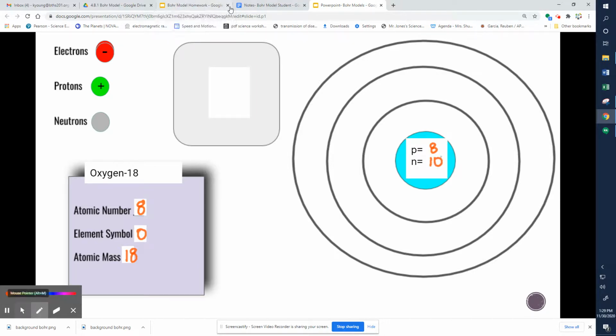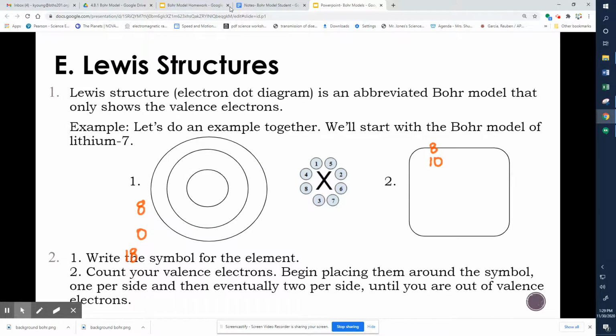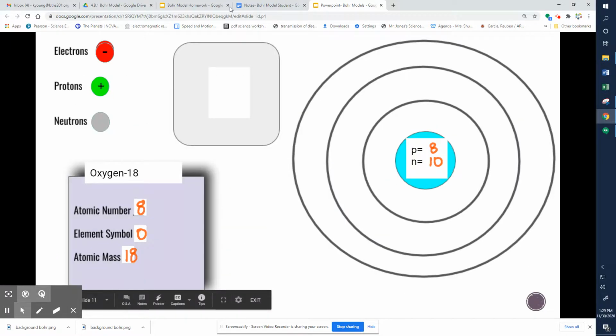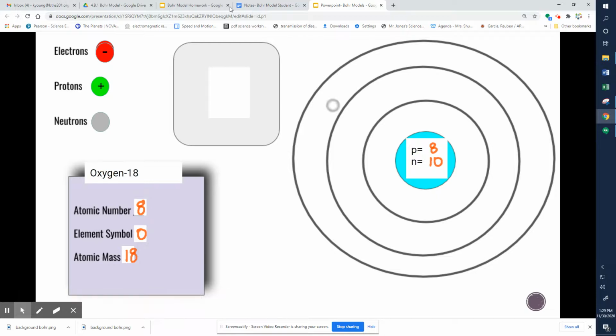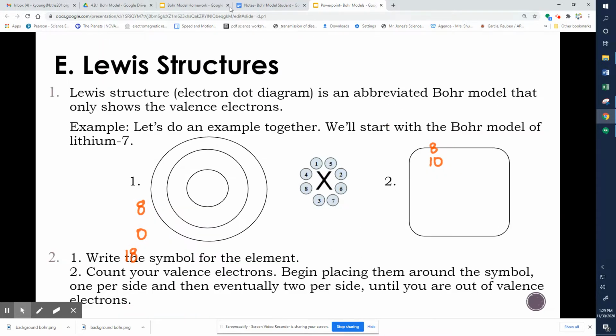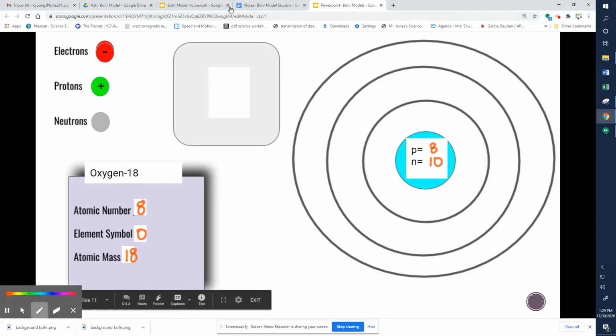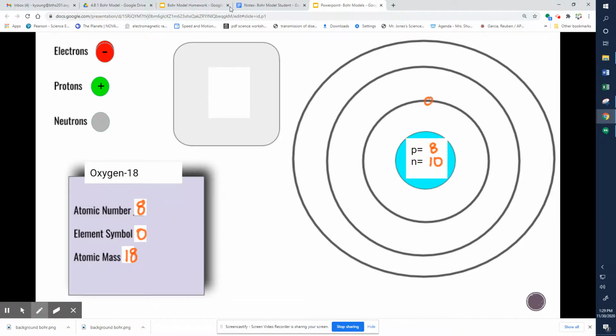Then I'm going to place these electrons. So you can drag and drop these electrons when you actually have this going. You can drag and drop these electrons to wherever you need them to be. Okay, so I just have to draw them in because of the program that I'm in. So I have 2 on my first row. I'm placing 8 because that's the same as the number of protons.